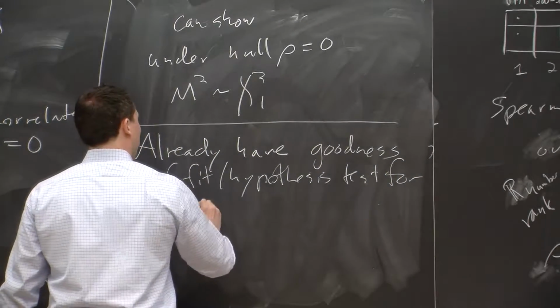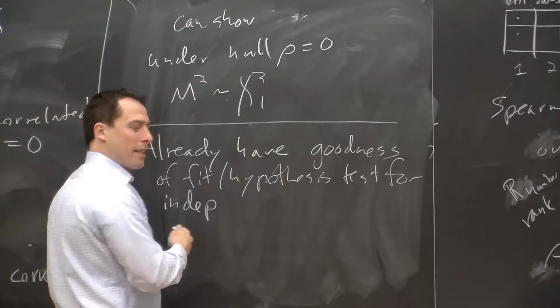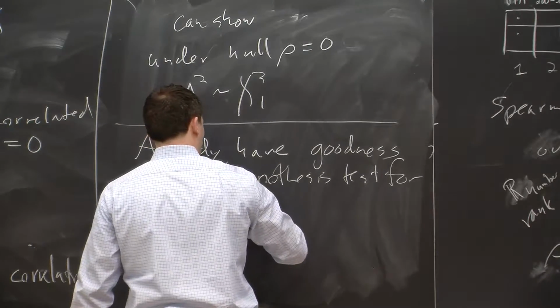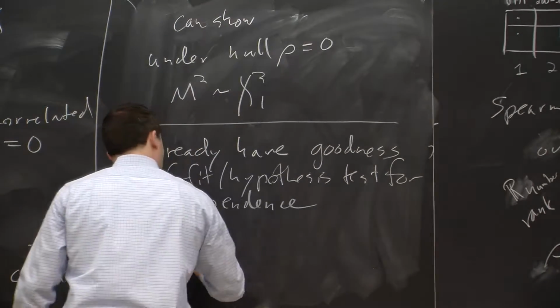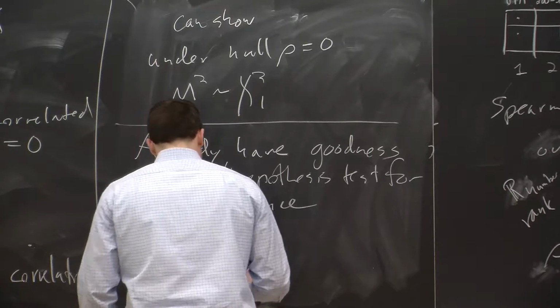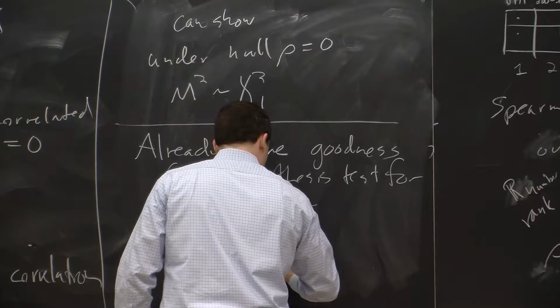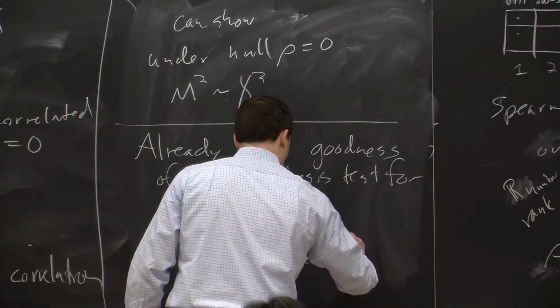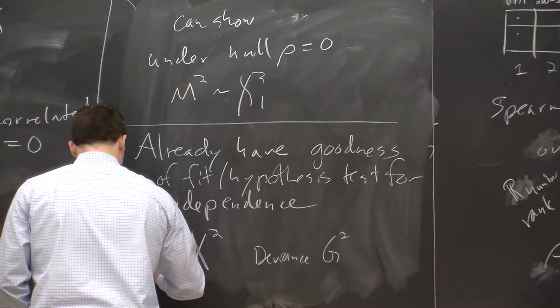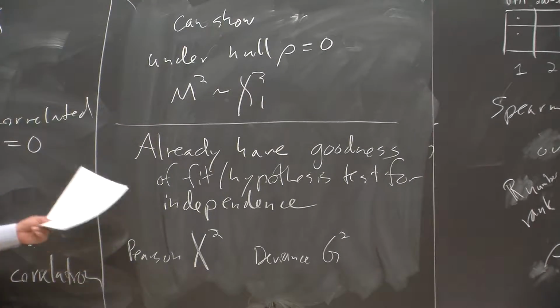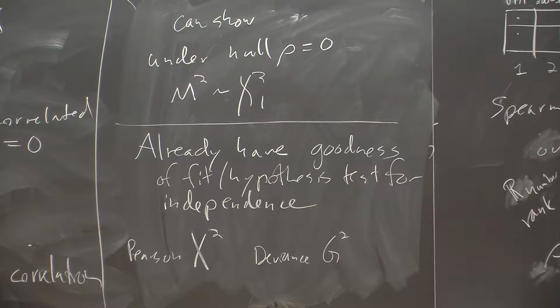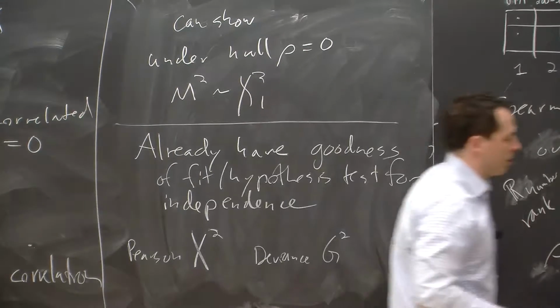A goodness of fit test for the independence model is the same thing as a hypothesis test for independence, namely the Pearson X squared or chi-squared and the deviance, right? So why would we use this M squared instead? Or what benefit do we hope to get? Think about that for a second.